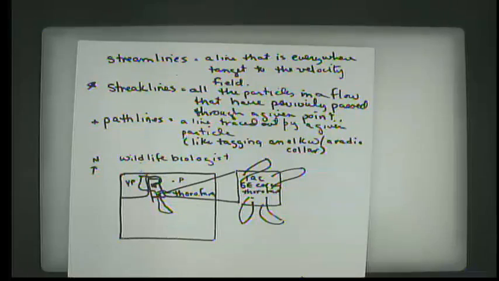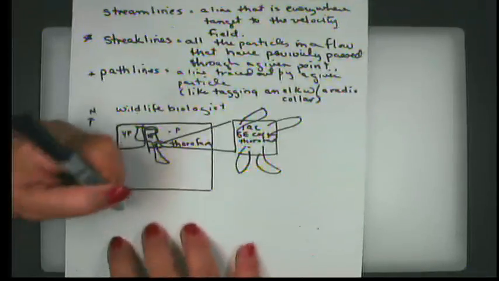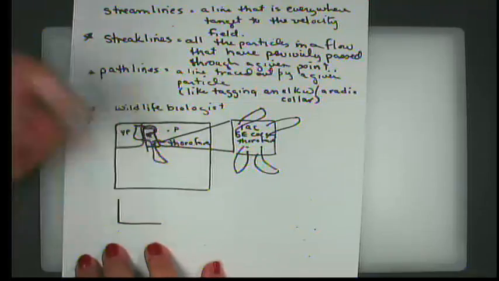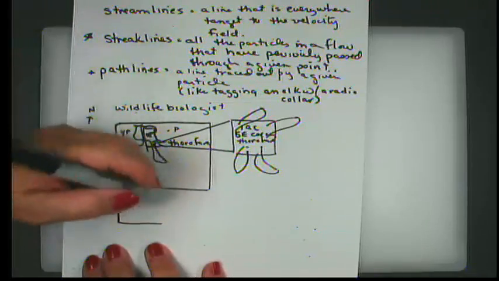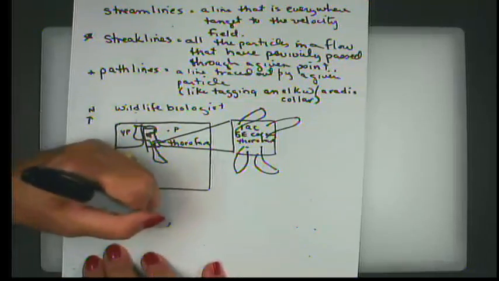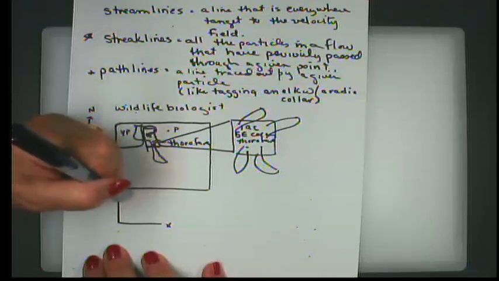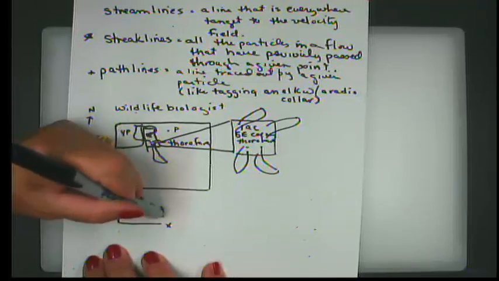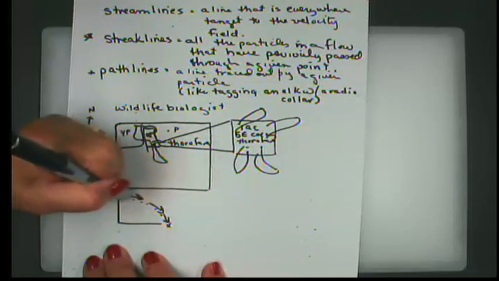Finally, a line that is everywhere tangent to the velocity field. All right, well, if we realize that we have, for example, y and x, and we plot those points, I'm actually plotting the tangents, right?